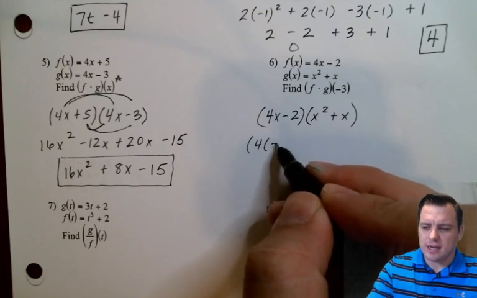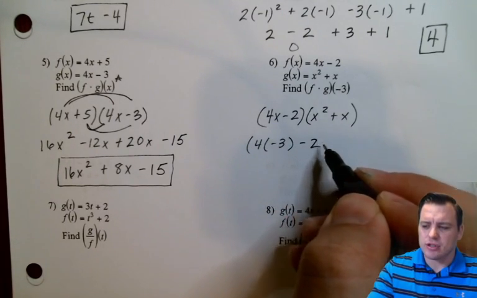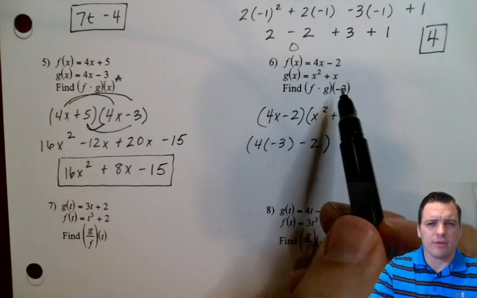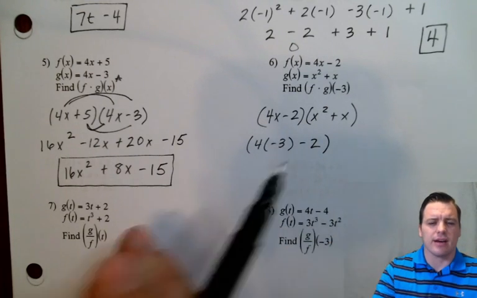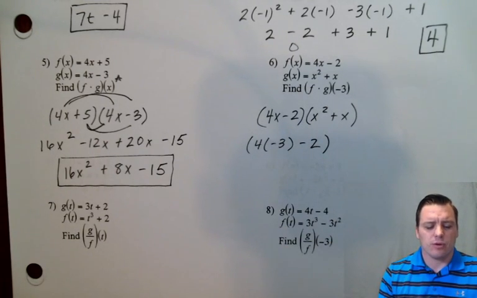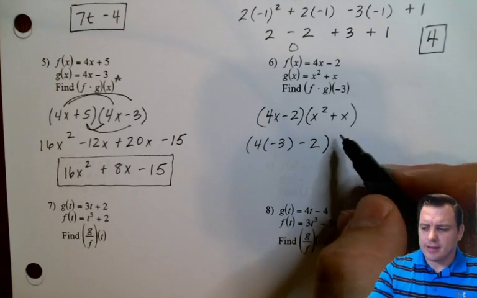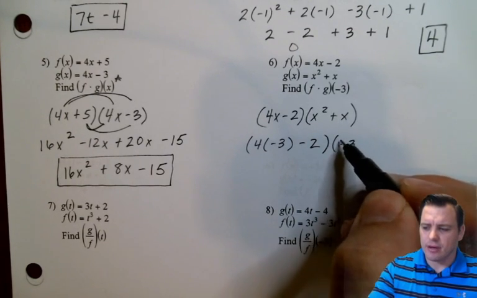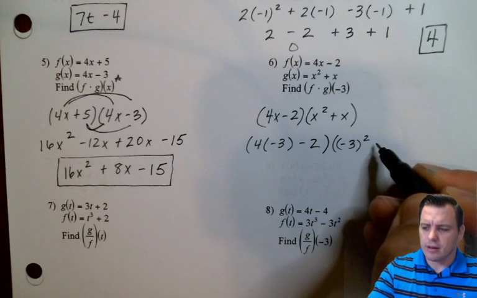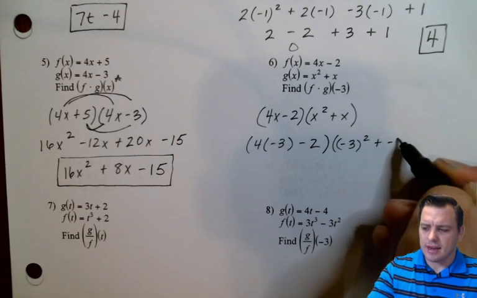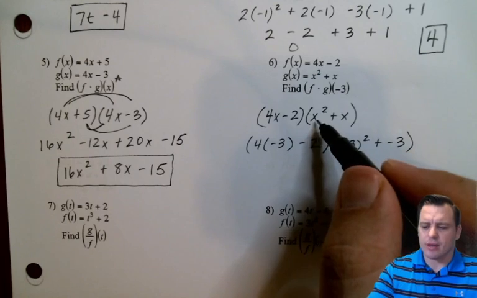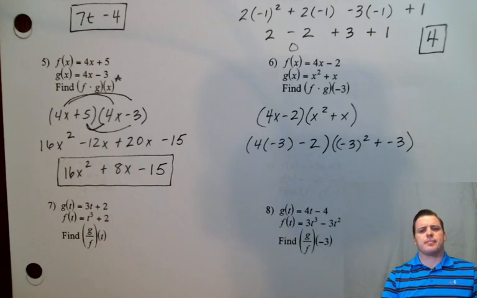So 4 times -3 minus 2, that's plugging -3 into this x right here, guys. 4 times -3 minus 2, and then times -3 squared plus -3, and that's plugging -3 into these two x's.